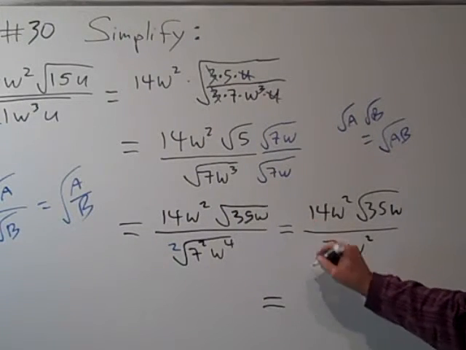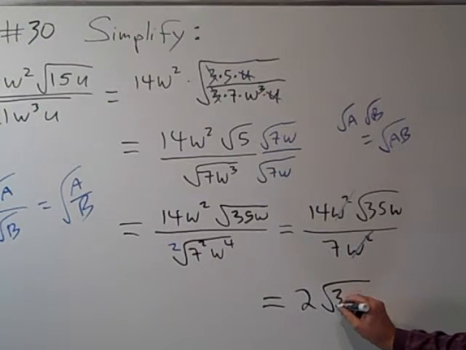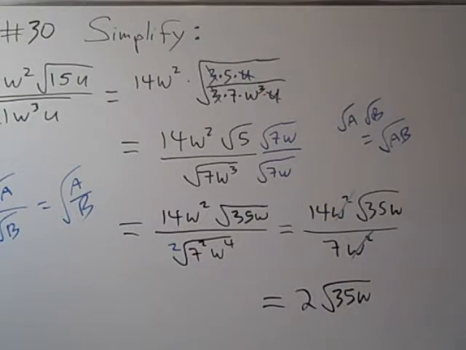The 7 divides into the 14 twice. The w squareds cancel. So the entire expression simplifies to 2 times the square root of 35w. That's how this all simplified.